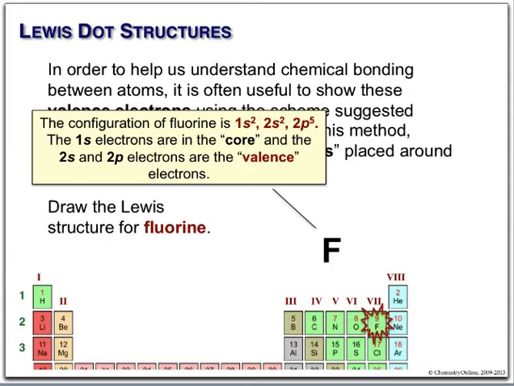We start off placing 4 around it, and then we pair them like this. Now remember that a Lewis dot structure is just a bookkeeping tool. It doesn't matter where we put our paired electron, top, bottom, side, whatever, just that once we have 4 electrons, we start to pair them up.